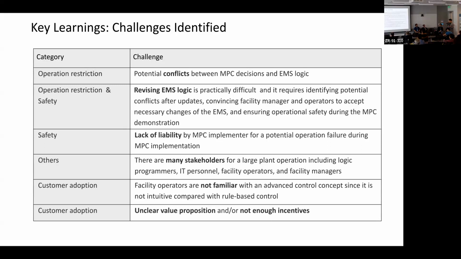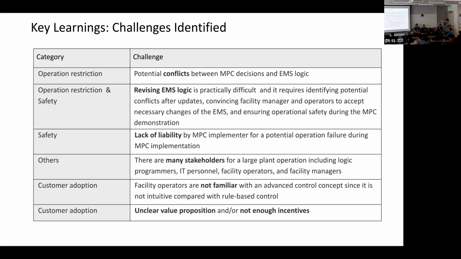Another important thing is liability. In our case, the utility bill there is around $100,000 per month, so they really care about their financial impact. Especially if something goes wrong, who is going to be responsible?